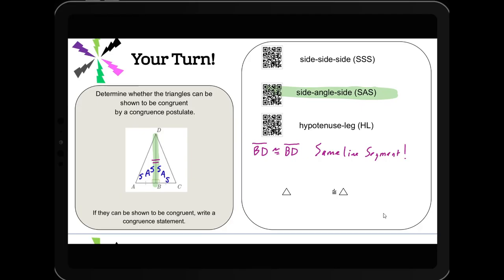It may not be the only one. There might be other ways to justify the others, but again, right away, this one does actually work. So if I call this, for example, triangle ABD is congruent to triangle CBD, that would be an acceptable congruent statement.